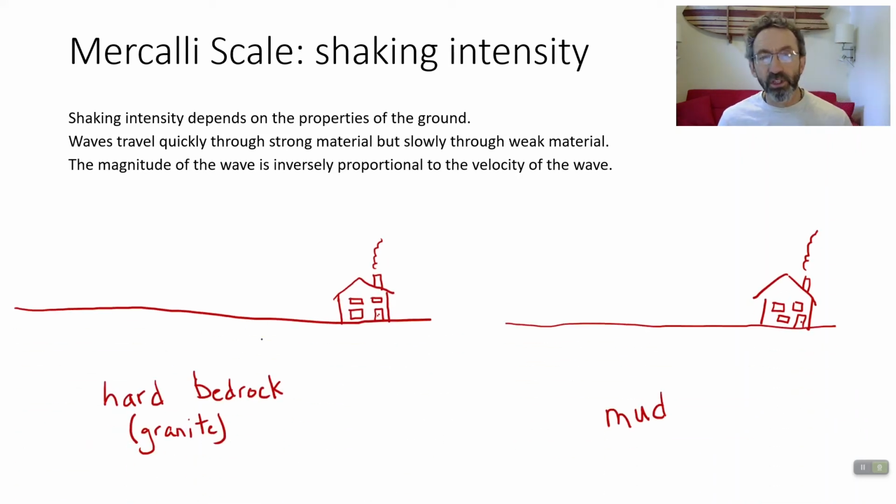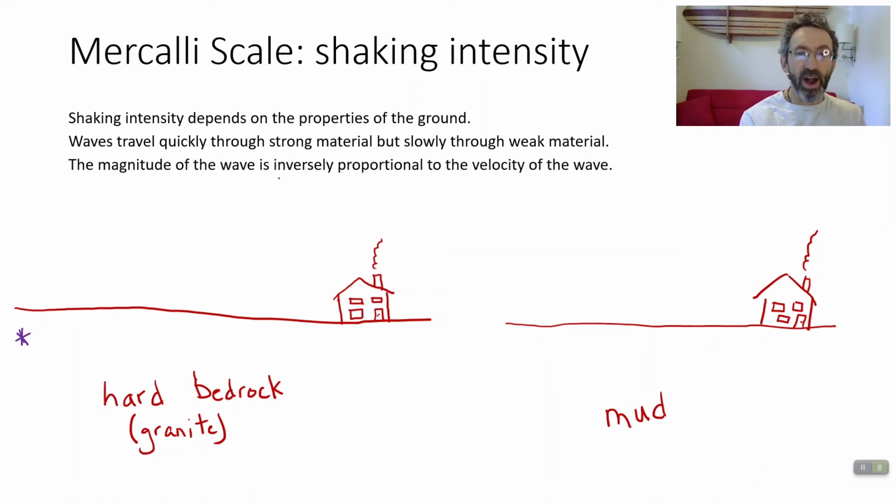So we have two different situations. We have two poorly drawn houses. One is on hard bedrock, so for example granite, and the one on the right is on mud. So mud is basically the weakest material there is when it comes to the ground. So let's generate an earthquake right here.